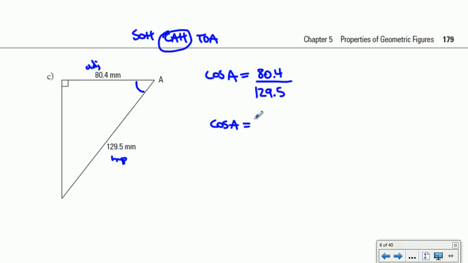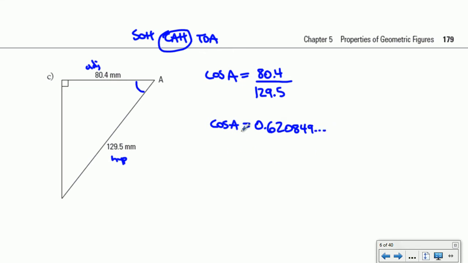Alright, figure out what the right side is. 80.4 divided by 129.5. You get 0.6208, and so on.